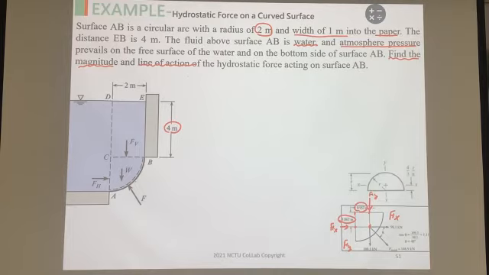As I mentioned, for this kind of problem, you need to define the two dimensions first. So we start from the x direction.